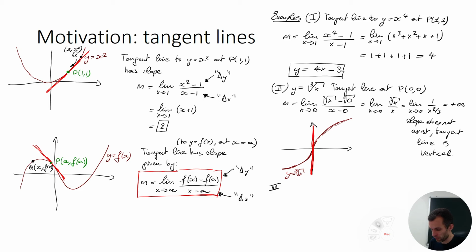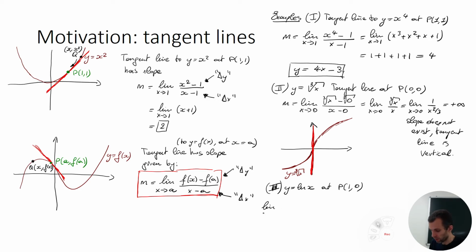And then the third example, let's try to calculate the tangent line to ln of x, the natural logarithm, at p equal to 1, 0.